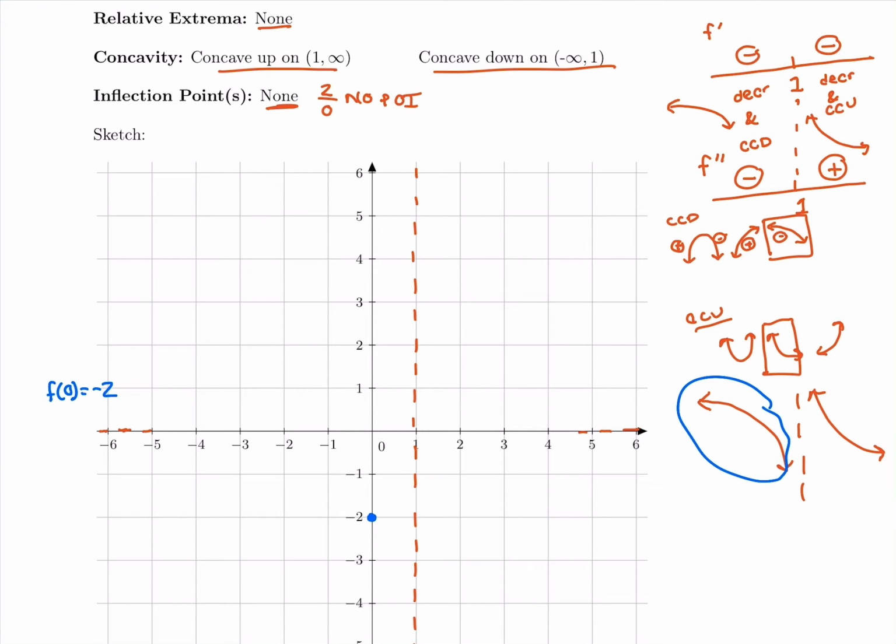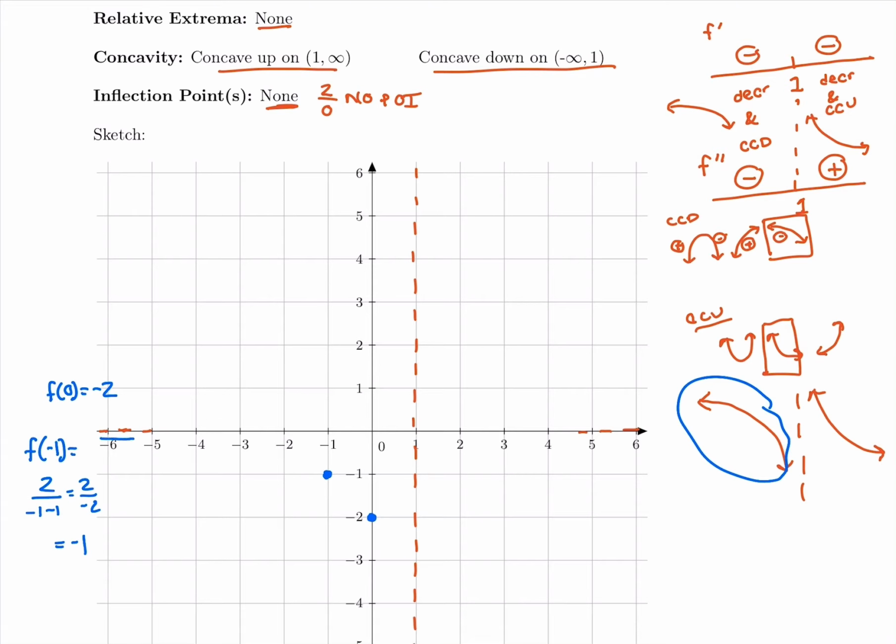So you kind of know where to draw it. We can plot more points on here if we want to. Maybe plug in f of negative 1. So that'd be 2 over negative 1 minus 1. So we'd have 2 over negative 2, which would be negative 1. So there's a couple points over there just to give us an idea of where to draw it.